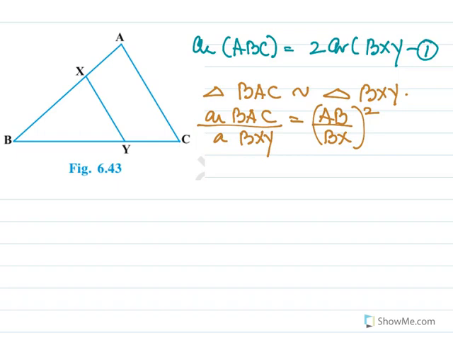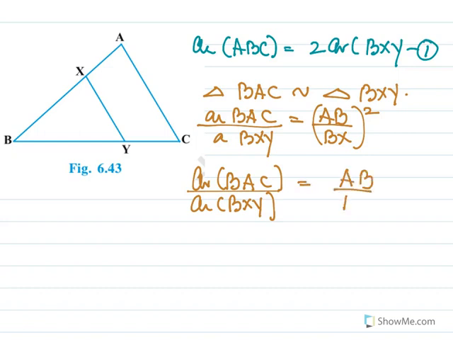In the next step, we do area BAC over area BXY equal to AB over BX the whole square. But for this ABC, I'm going to take away this ABC and instead write this value.